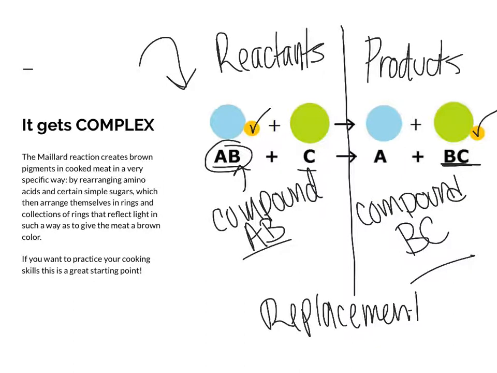There are other ways you could go about this. You could look at just simply your single element in the reaction and notice that it changes. But I like to pay attention to the compound because that's the most complex part. So if the compound ever changes between the reactant and the product side just by one letter, then you know you have a replacement reaction. Okay?